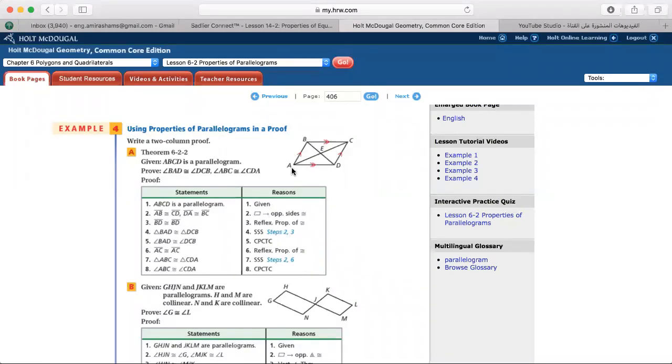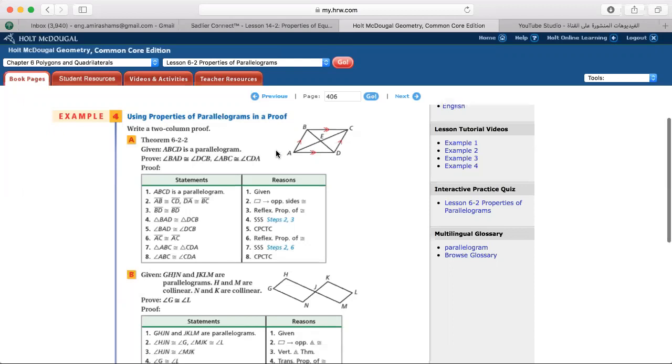Remember SSS, side, side, side. And from steps 2 and 3, we prove that triangle BAD and triangle DCB are congruent. And we're going to repeat the same steps again to prove the other two triangles.